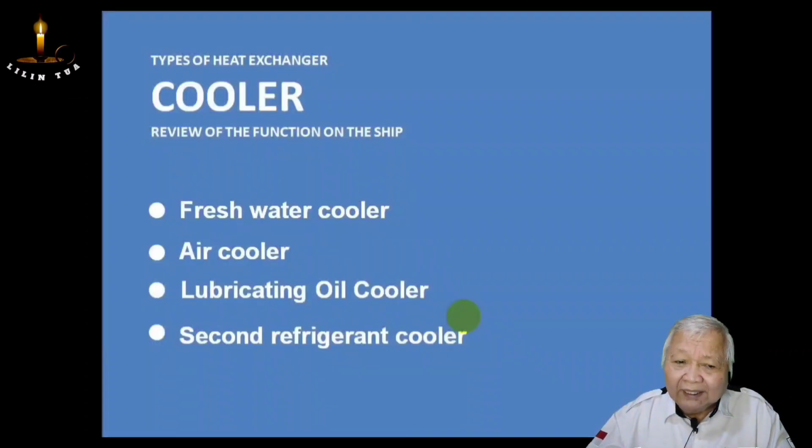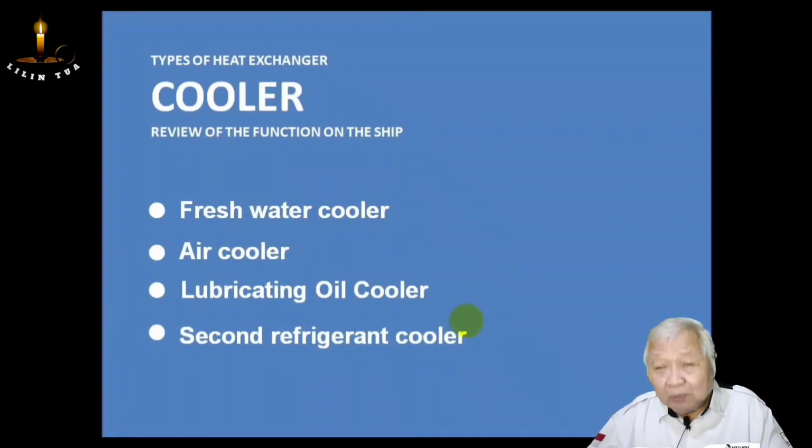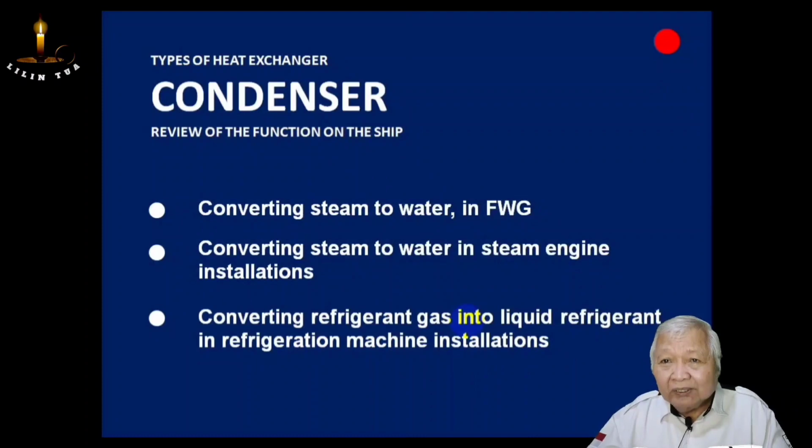So, next, cooler, also based on the function on board ship. We can find coolers as freshwater cooler, air cooler, lubricating oil cooler, and refrigerant cooler. And the last is condenser.